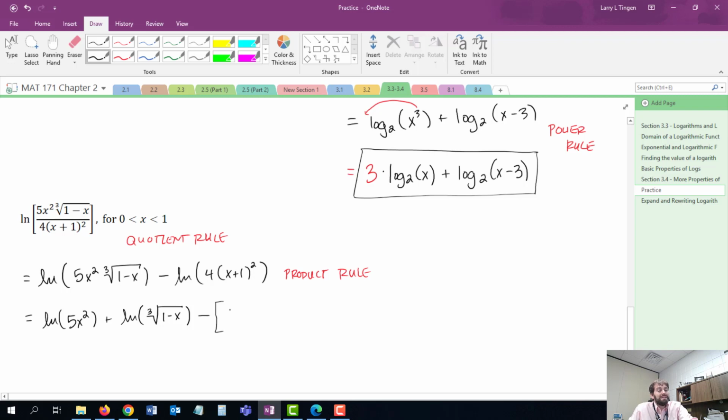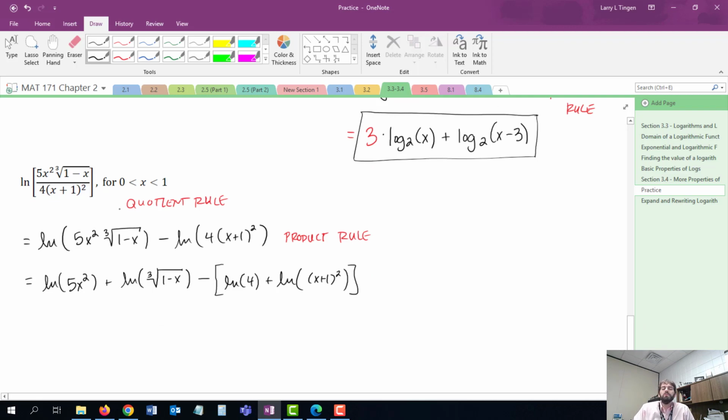So that minus needs to apply to both results. So that is minus the natural log of 4 plus the natural log of x plus 1 squared. Okay? And then when you distribute that negative, these all become negative. So let me do another step here. I'm just going to rewrite.